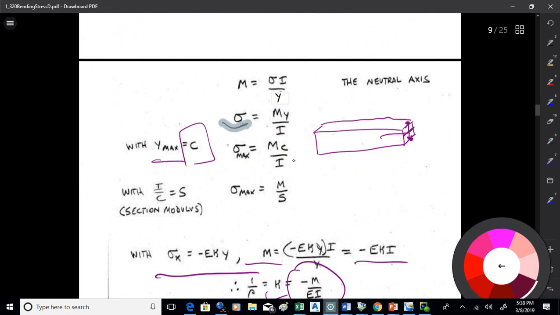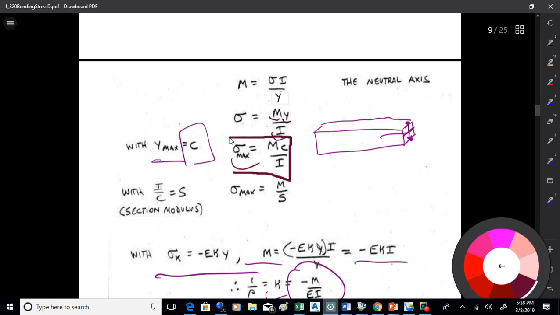If we know the value of moment off the moment diagram and the offset we're looking at from the neutral axis, and if we know I for the cross-section of the beam, we can find the normal stress at any point in that beam. It's My over I. Now, y max is called c. That's the distance from the neutral axis to the edge of the beam. So if I want to find that maximum normal stress, I take Mc over I. Okay, and that's the formula we're going to work with.